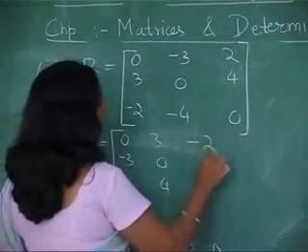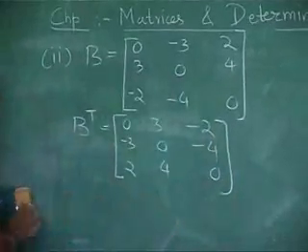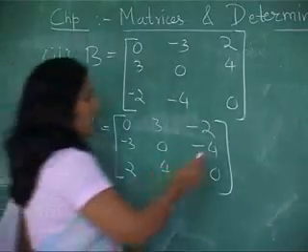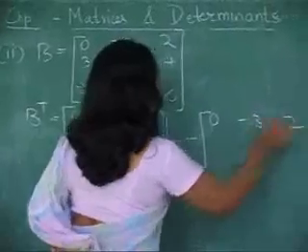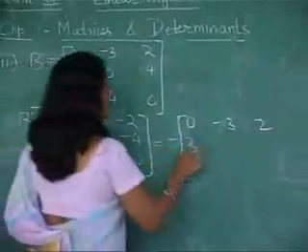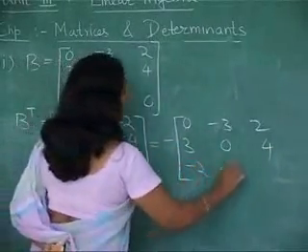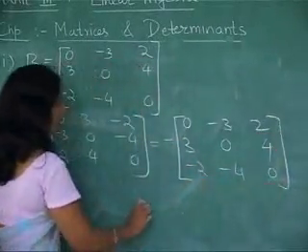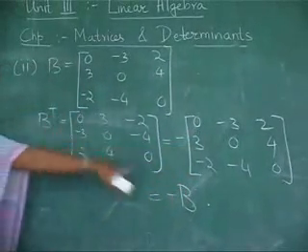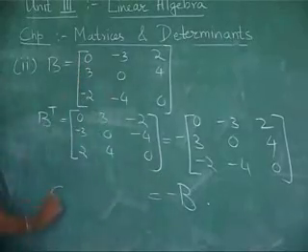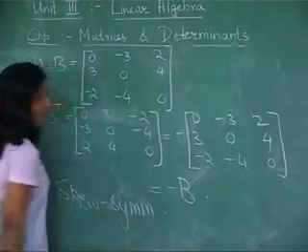Then we have minus 2, minus 4, 0, that becomes my third column. Let me take the minus sign out, so that I get 0, minus 3, plus 2, then plus 3, 0, plus 4, then minus 2, minus 4, 0. Notice that this is minus B. So B transpose is negative of B, and that's why this is an example of a skew symmetric matrix.